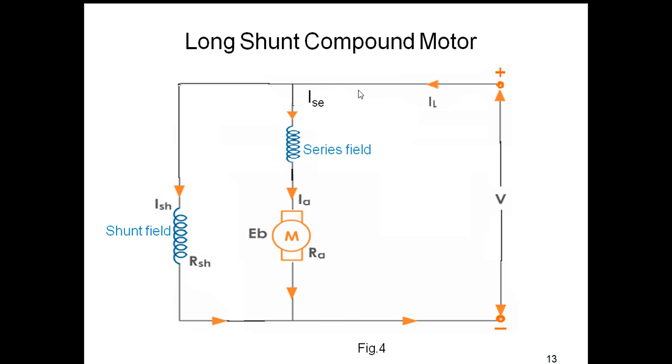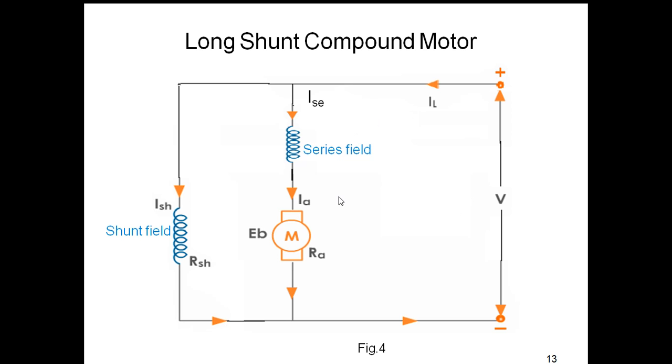From this we can write IL is equal to ISC plus ISH, and ISC is equal to IA, and ISH is equal to V, the voltage across this winding, by RSH.